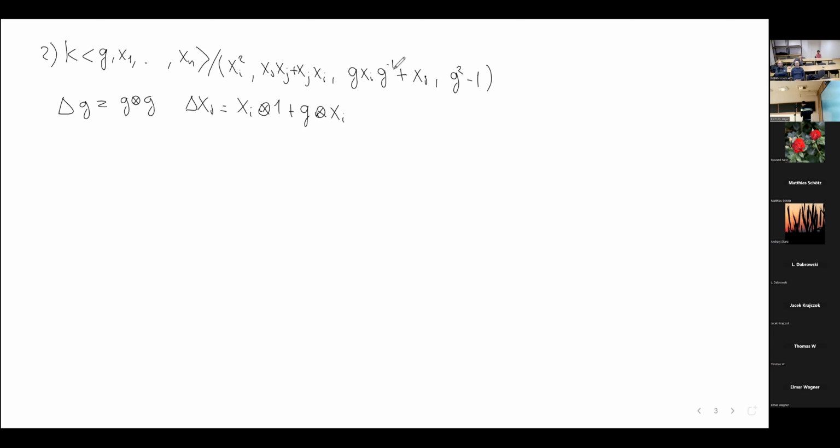So again, I can think of this as a semi-direct product. Again, this is only skew primitive. I can think of it as a semi-direct product of KG acting on the algebra generated by x1 up to xn. The dimension of this is 2 to the n, because that's just the exterior algebra. The dimension of KG is 2. And in total, I get something of dimension 2 to the n plus 1.